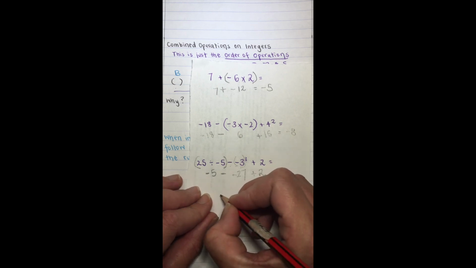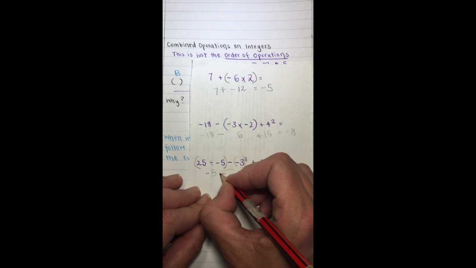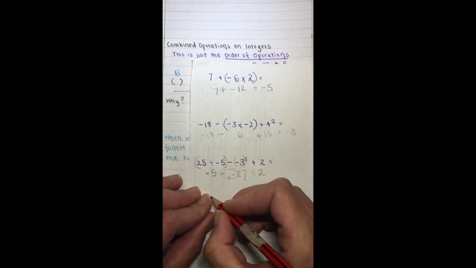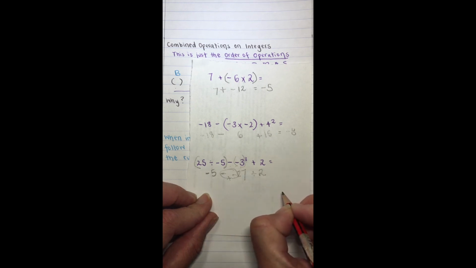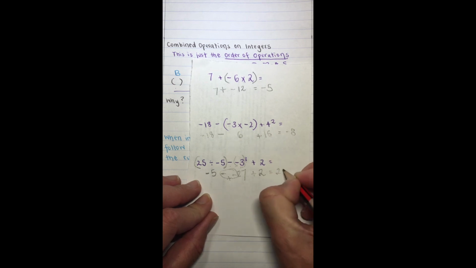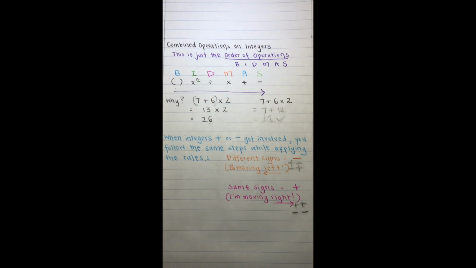So I'm starting down here, minus and a minus. Oh, I'm decreasing a debt. We know that that's actually a plus. So from negative 5, I'm going to move 27 up the number line and then an extra little 2, which brings me to 24. Terrific. I hope that was helpful.